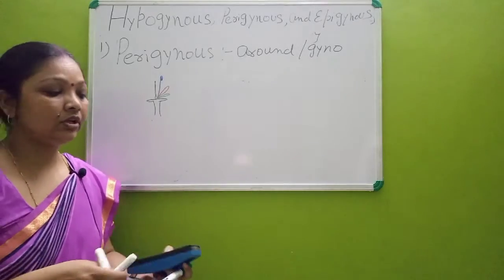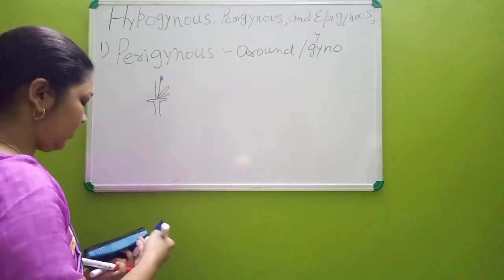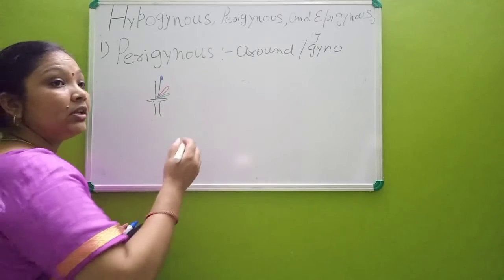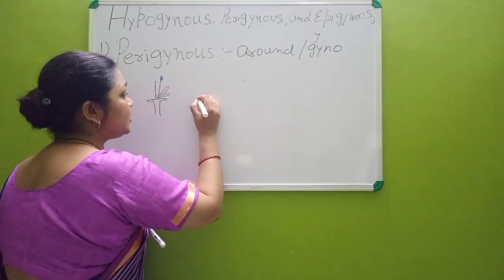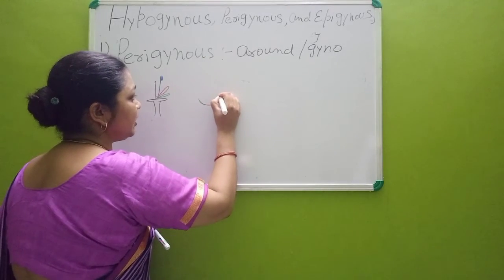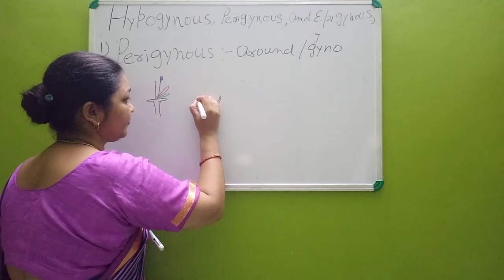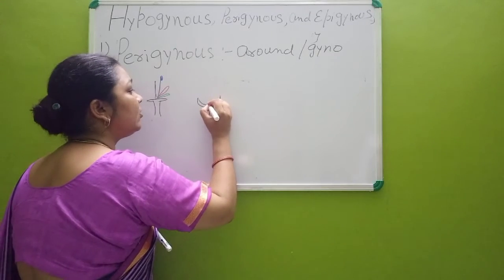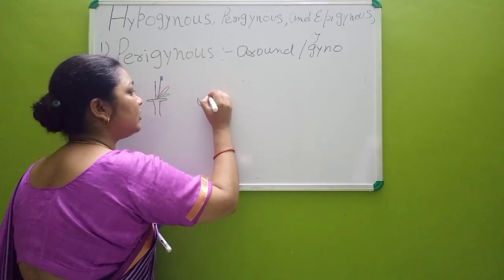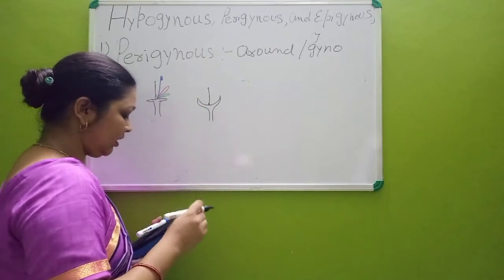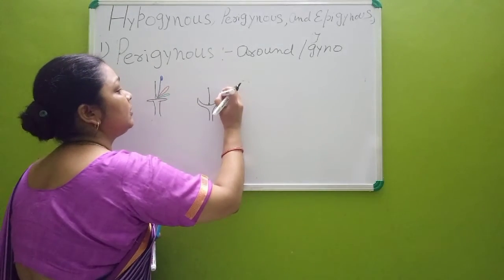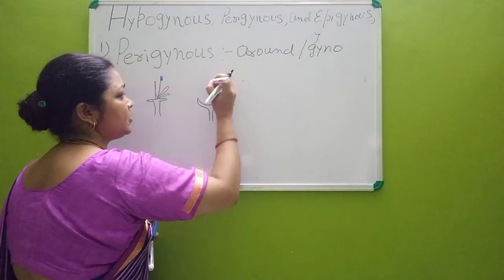We'll talk about the other structure. The other one is where the thalamus becomes cup shaped. Here also the ovary is here, then the stamen is arising from this position.